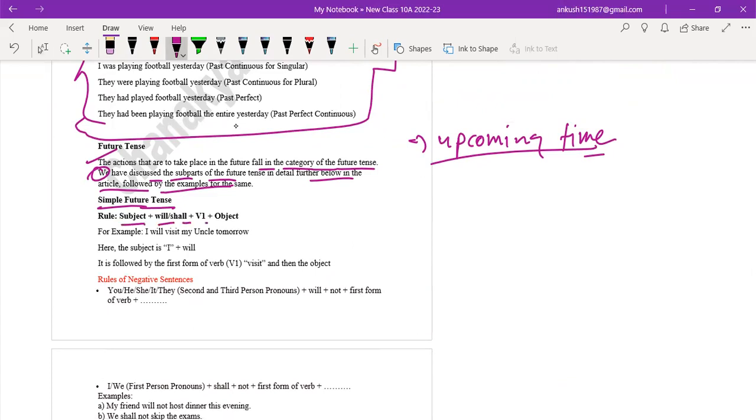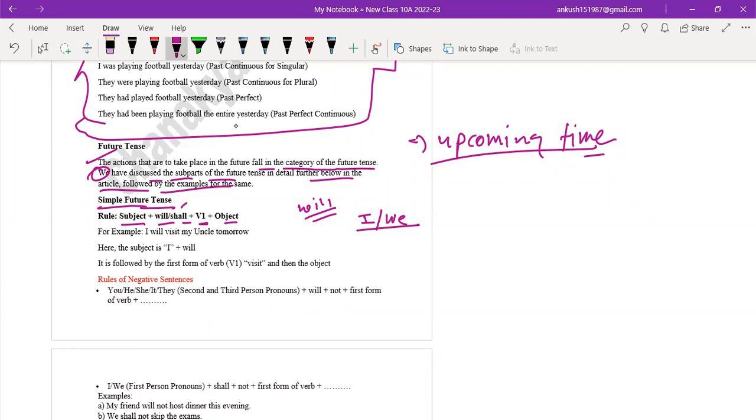Subject plus will/shall plus main verb plus object. So here one thing you have to be confirmed with. Will can be used with any subject, but shall is used with I and we. These are the first persons.